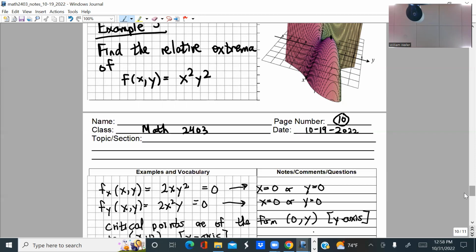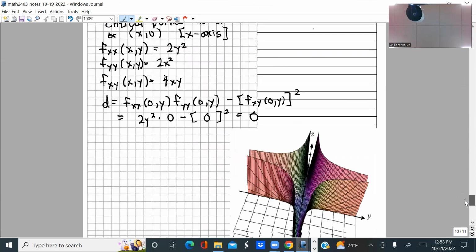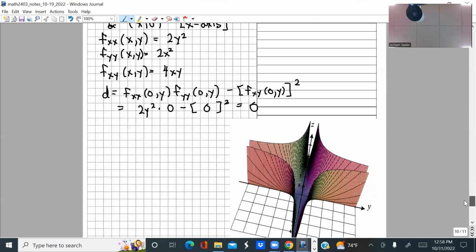So the minimum of that function is 0, and it's going to happen exactly along the x-axis. If we thought a little carefully, we probably figured out that the absolute minimum here has got to be 0, and it's going to happen on the x-axis or the y-axis, just like we see in the picture.